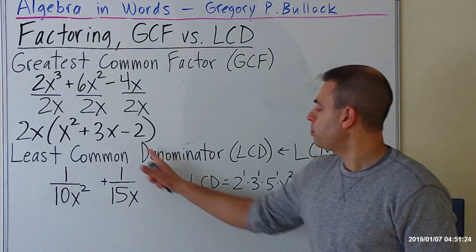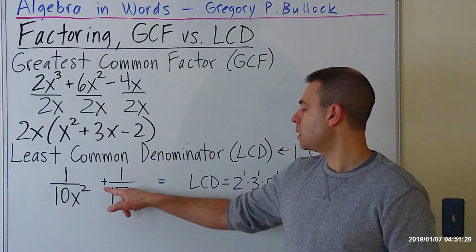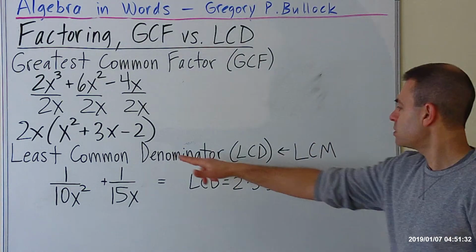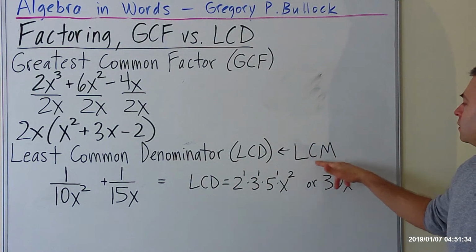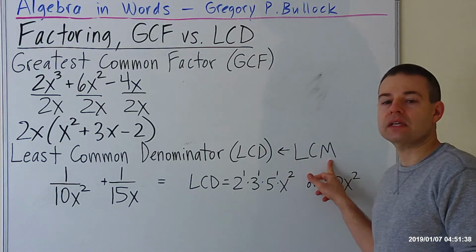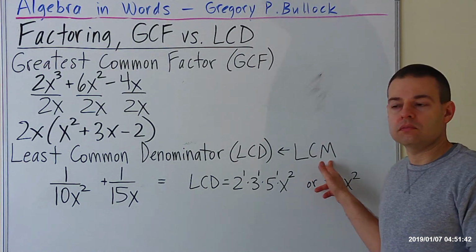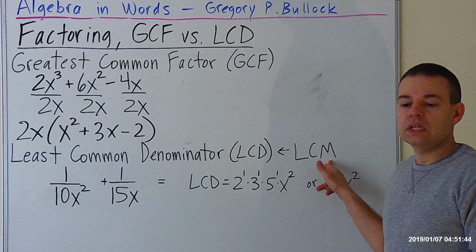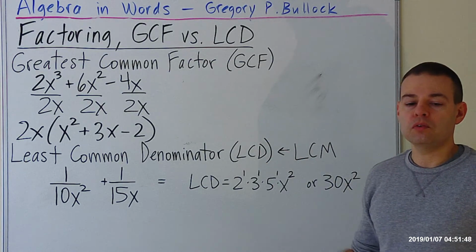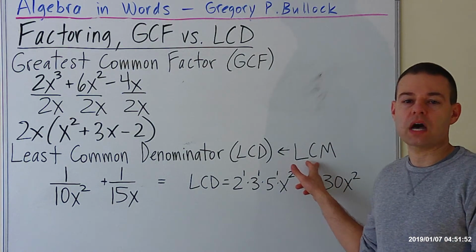Alright, so I have a problem up, which is 1 over 10x squared plus 1 over 15x. And if you notice here, I say LCM. What's LCM? The M actually stands for multiple. When you start off learning it, you might learn it as a least common multiple.